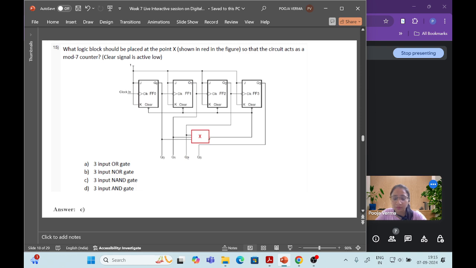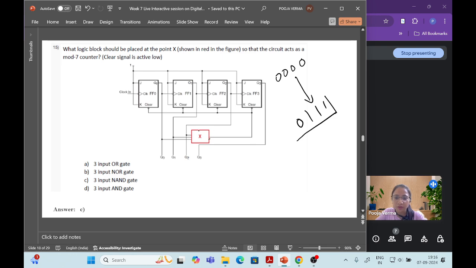Okay, so for mod 7 counter we need to go 0 0 0 to 1 1 1, right? It is a 4 bit counter. So after this, that output has given to clear, right? All the flip flops clear input, that means after that it will clear.